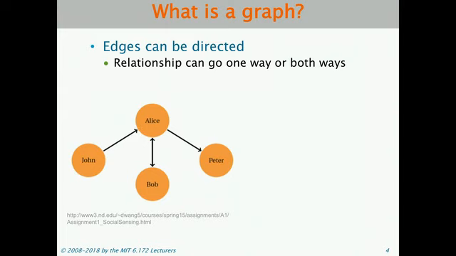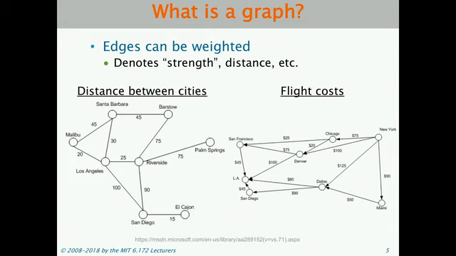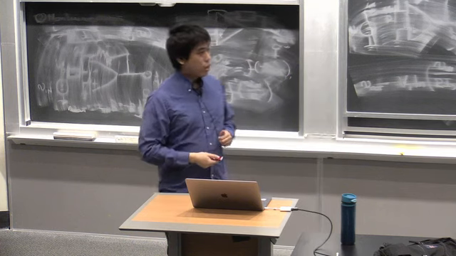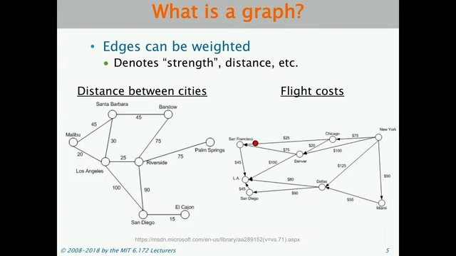Here's another example where the edge weights now are the cost of a direct flight from city A to city B. And here the edges are directed. So for example, this says that there's a flight from San Francisco to LA for $45. And if I want to find the cheapest way to get from one city to another city, then again, I would try to find the shortest path in this graph from city A to city B.